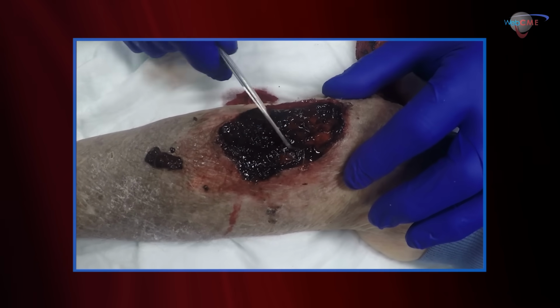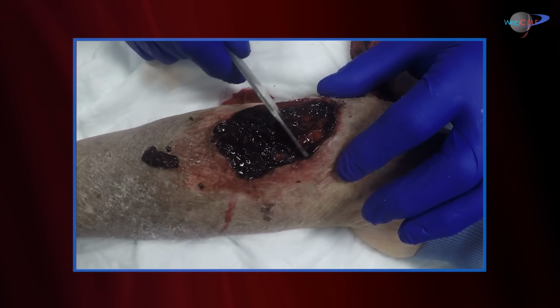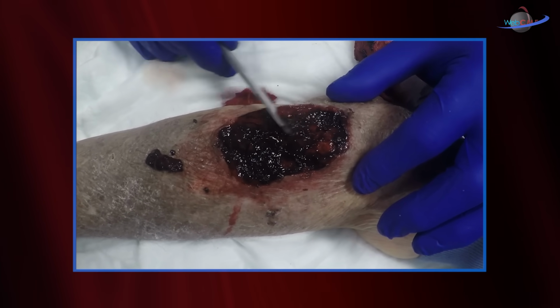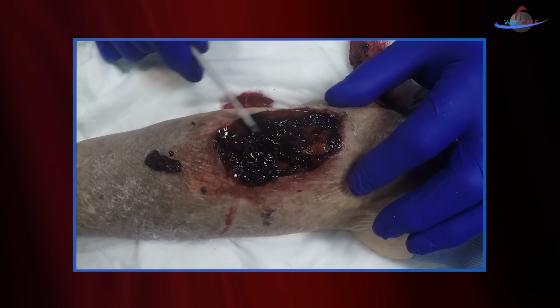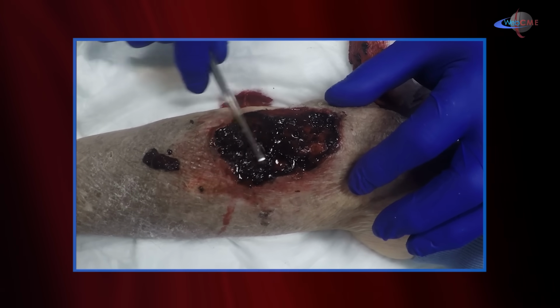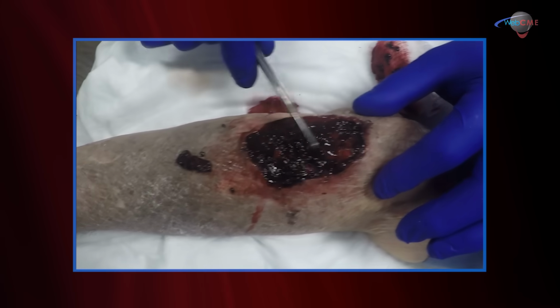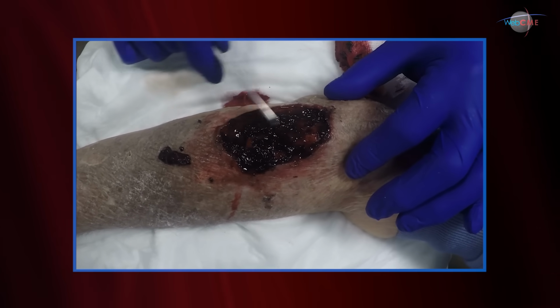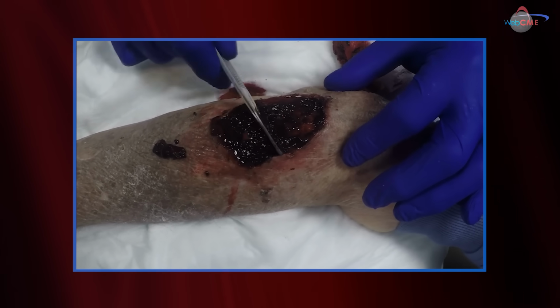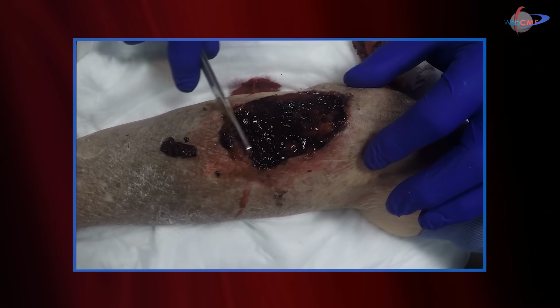Sometimes a little bit of a sharp technique can be helpful, or blunt technique. But again, the important thing is to get as much as you can without hurting the patient, and then allow the rest of it to separate over time.